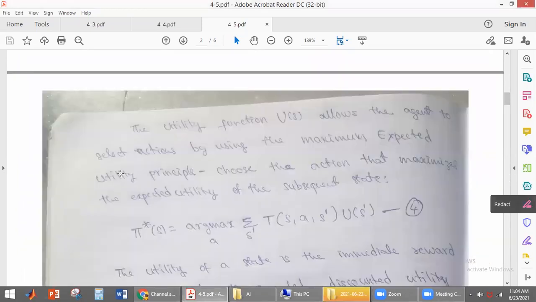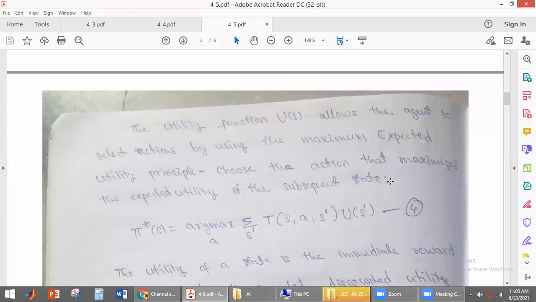The utility function U(s) allows the agent to select an action by using the maximum expected utility principle. It chooses the action that maximizes the expected utility of subsequent states.